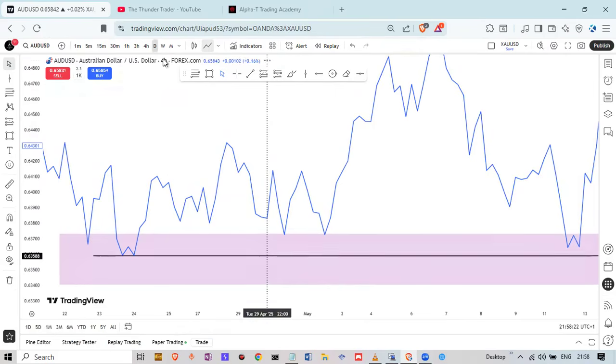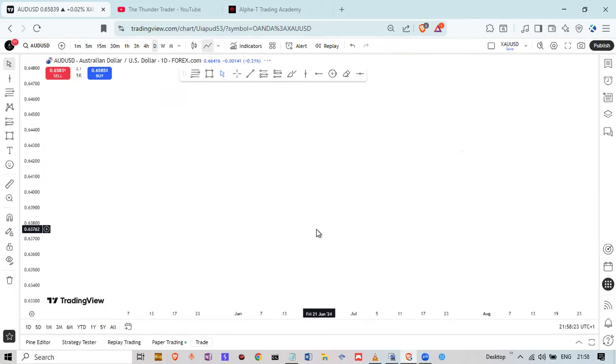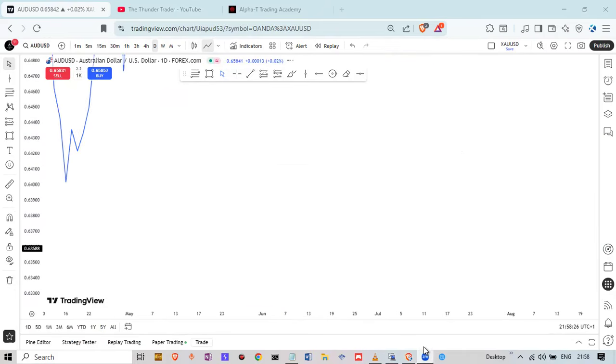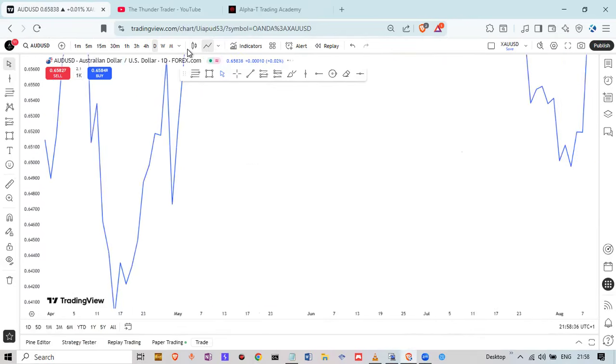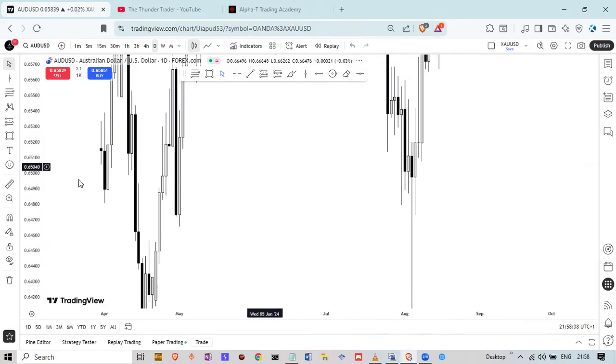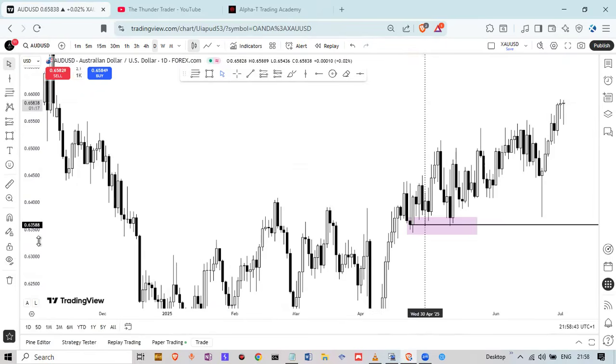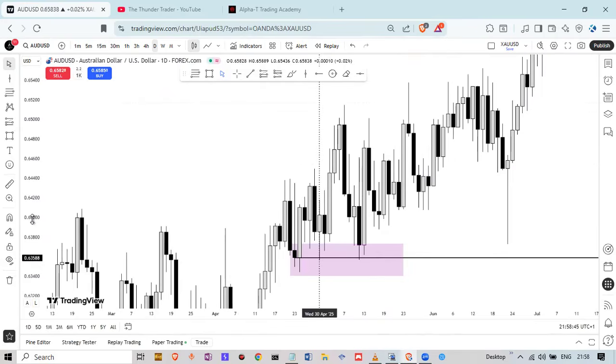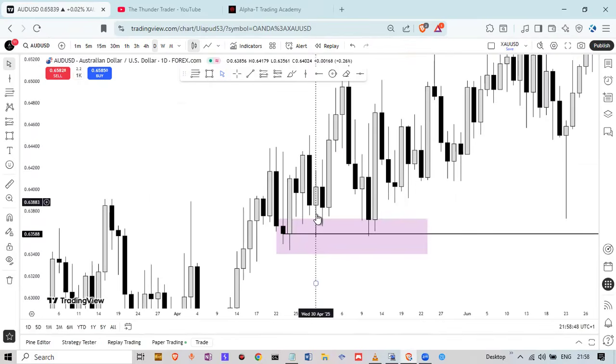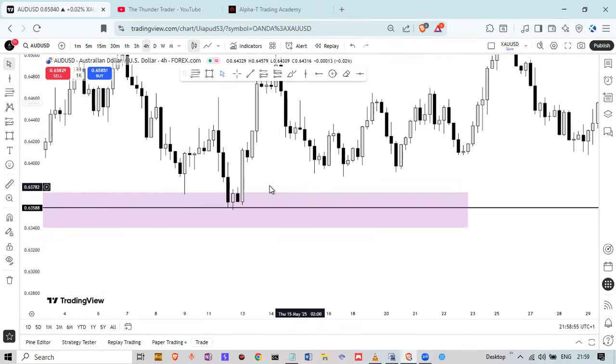Because if you go by the daily time frame, okay, back to the candlestick, please. On a daily time frame, you realize this. You realize how this guy had a rejection on this key level. That's why you're going down to your four-hour time frame to look for what? A breakout.